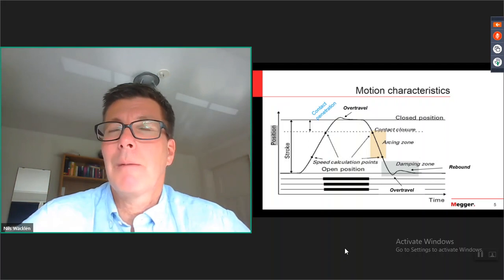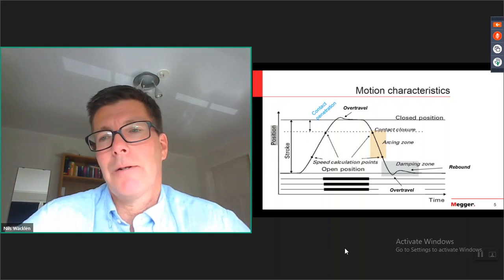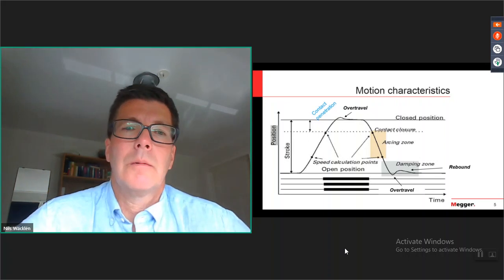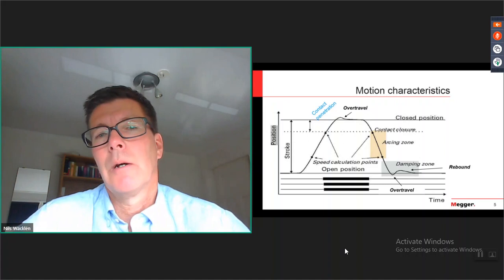That means 3 millimeter per millisecond. That means almost 7 milliseconds from first touch to main contact, right? So that can be pretty long bouncing time actually.